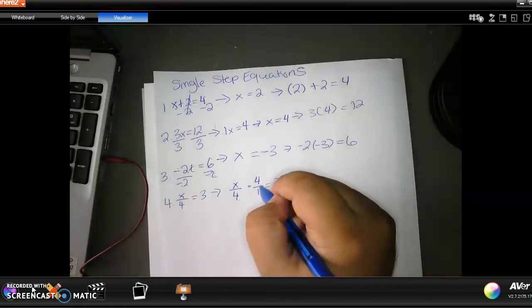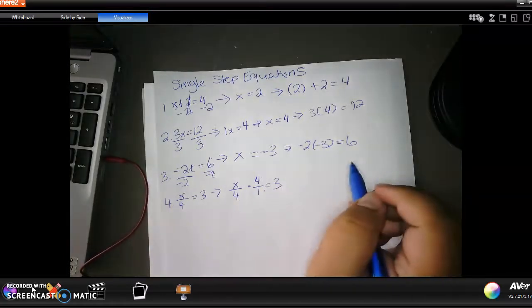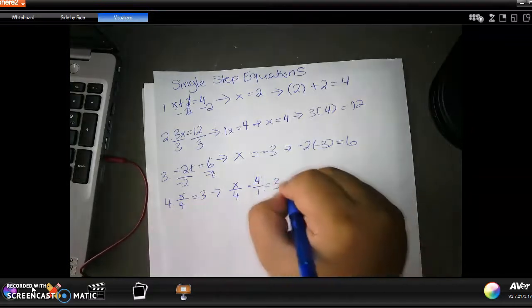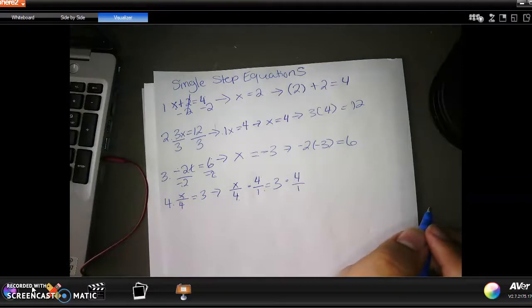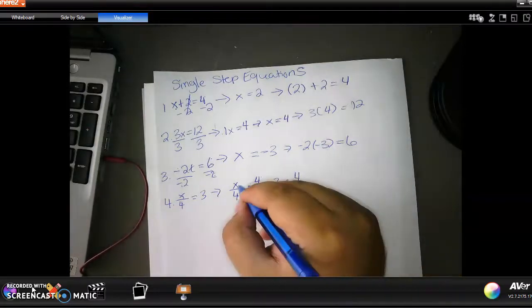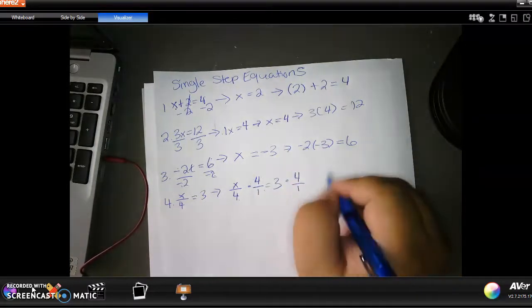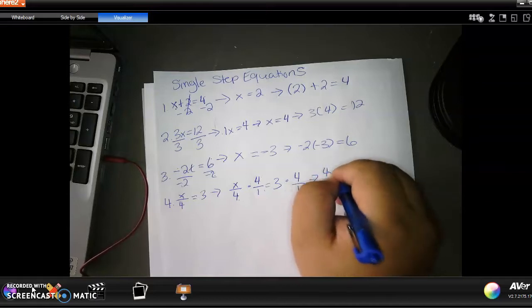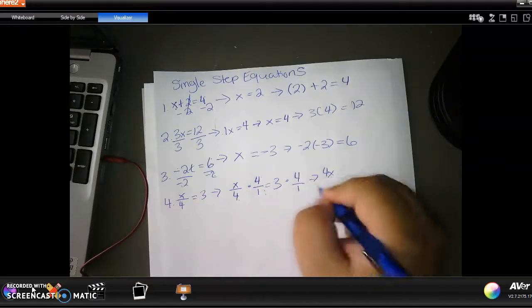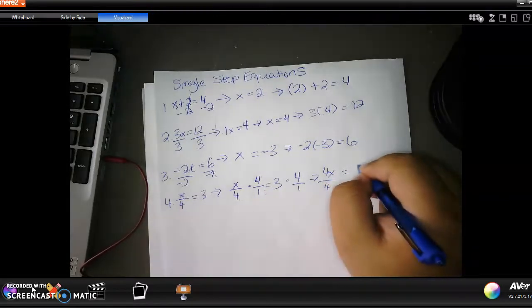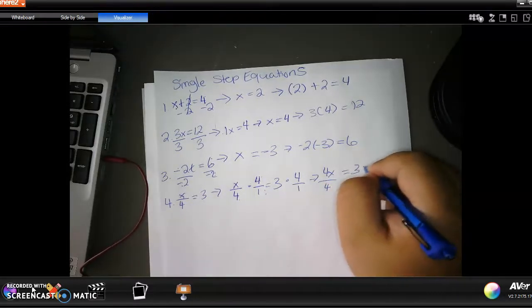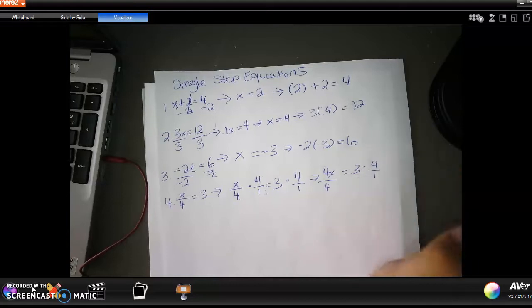You remember that from week 1 with equivalent expressions. Well, I multiplied 4 over 1 on this side, so I'm also going to have to multiply 4 over 1 over here. So I have x times 4, which gives me 4x, and then 4 times 1, which gives me 4, equals 3 times 4 over 1. And if I have 4 over 1, I can just say 3 times 4.